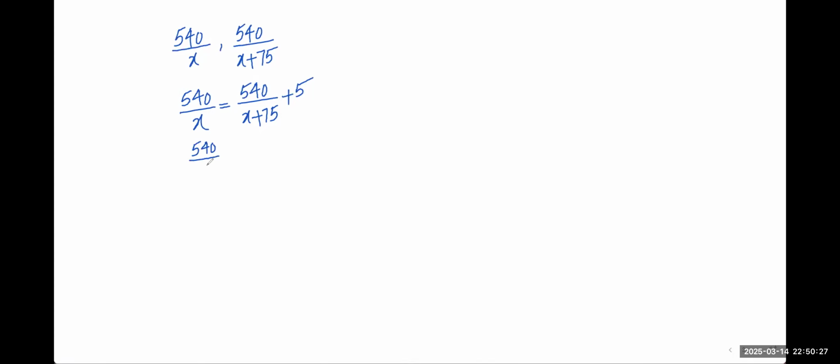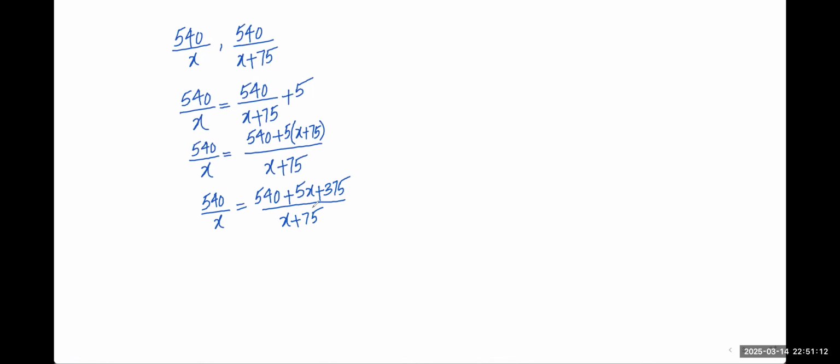540 divided by x equals, if you take the LCM, the LCM is x plus 75. So 540 stays as it is, plus 5 times x plus 75. The numerator is 540 plus 5 into x plus 75, that is 5x plus 375, divided by x plus 75.